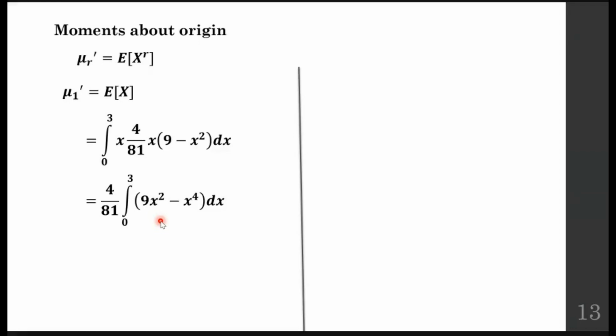So 9x cubed by 3 minus x raised to 5 by 5. Apply the upper limit, lower limit, and tell me what is the value of this integration. Eight by 5. Okay.